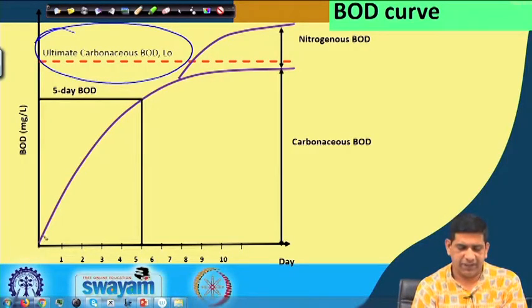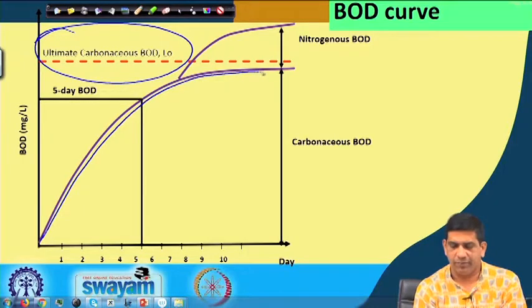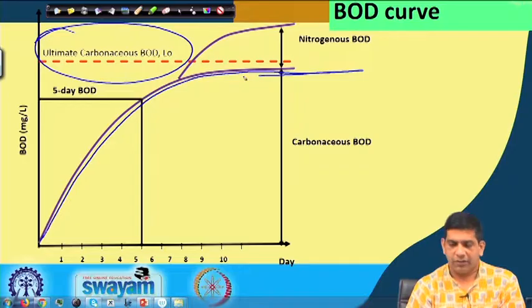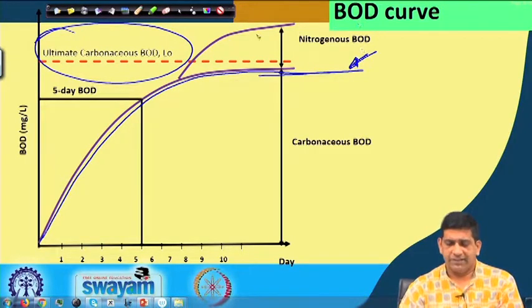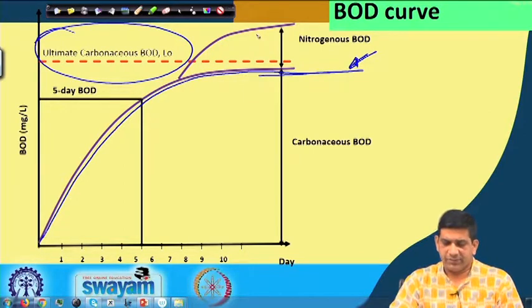As you can see, the line is going up and then it flattens out. So, that's your ultimate carbonaceous BOD, the value for ultimate carbonaceous BOD.